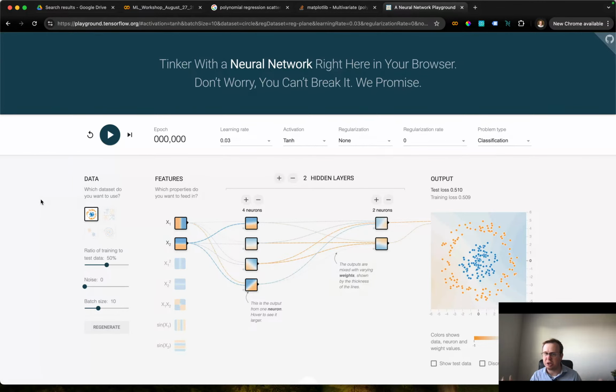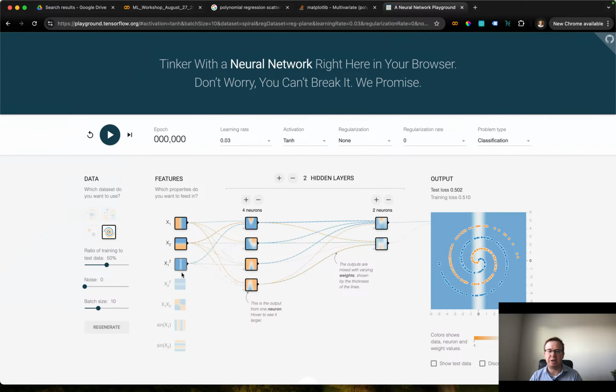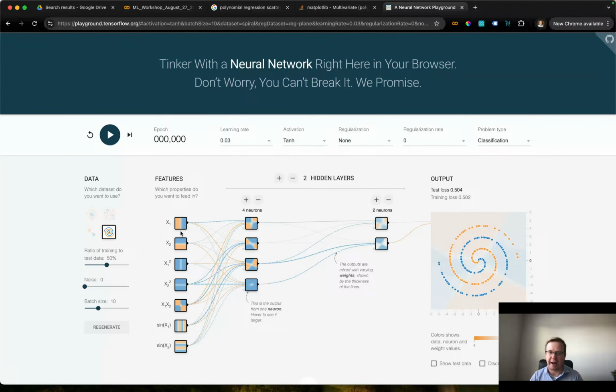It has a lot of twists and turns and variations and nuance to it, right? Something like this, right? If I was trying to classify this data, which is what's going on here, this simulator allows me to generate a neural network, okay? And what I'm going to do is give it, notice these two are the regular X and Y position of these data points. This is the squared, sorry, the X1 squared and X2 squared.